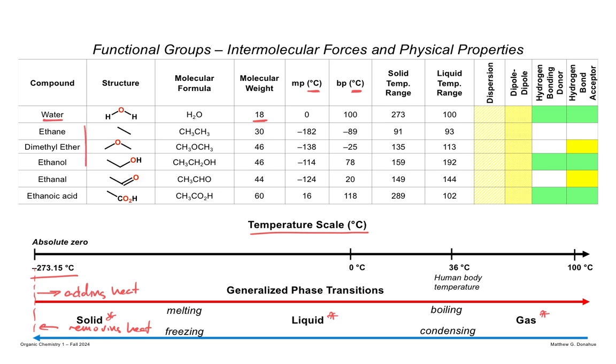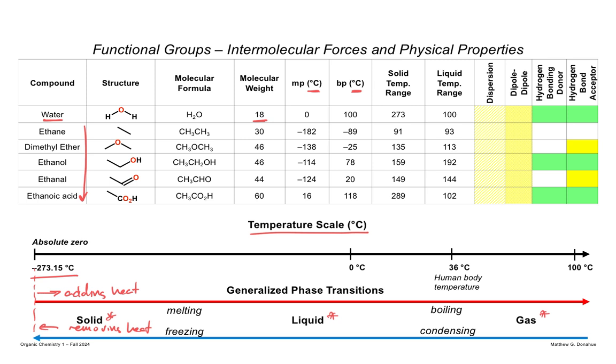Now, when we get into these organic compounds with the different functional groups, the molecular weight, you can calculate that. Then the melting and boiling is given to you. The solid temperature range is the difference that exists as the solid before it melts. The liquid temperature range as well.